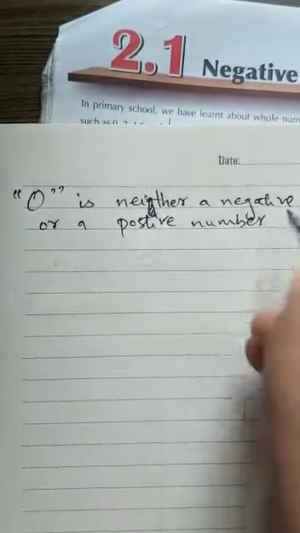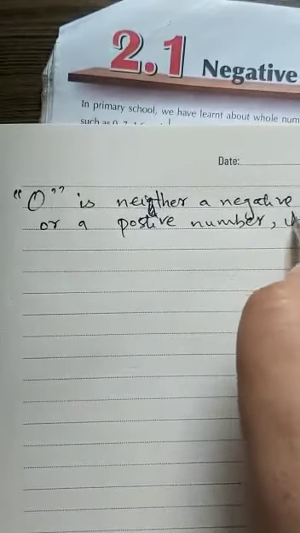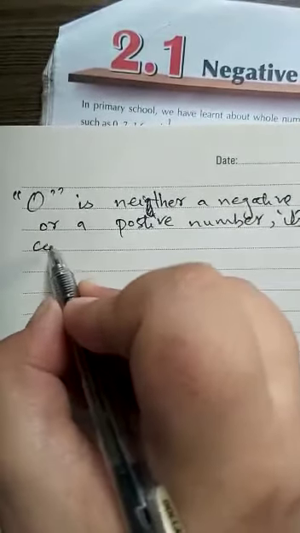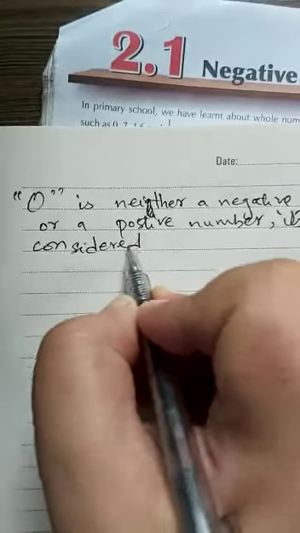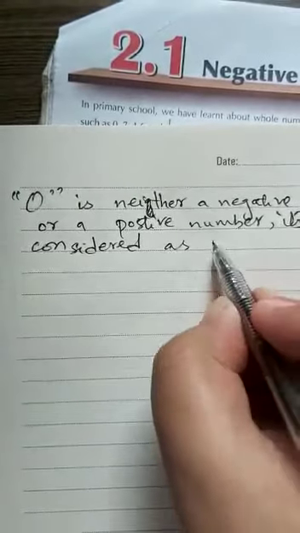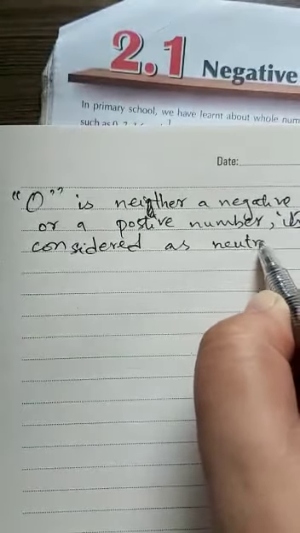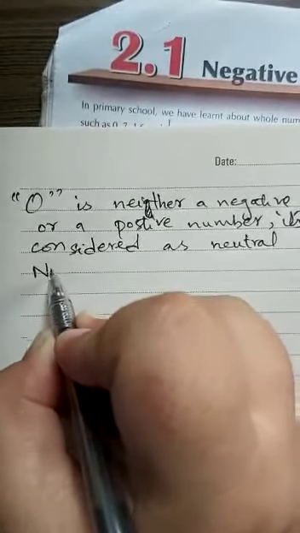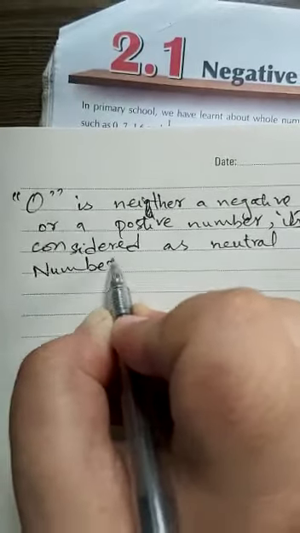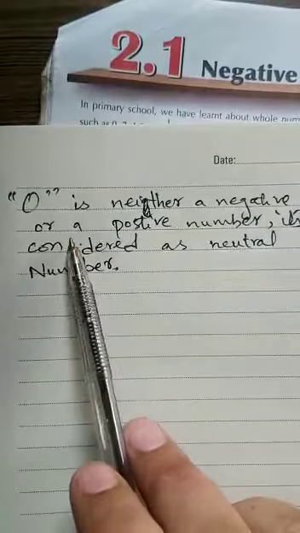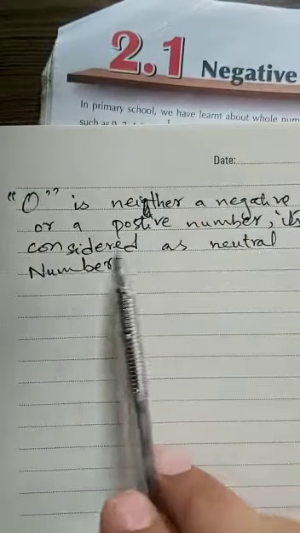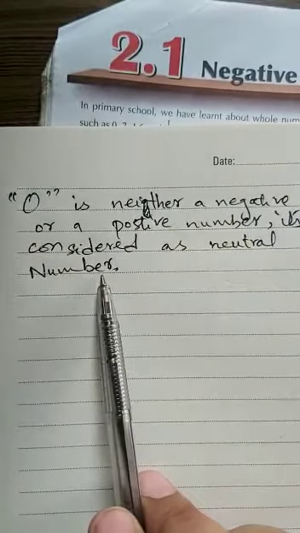It's considered a neutral number. So what about the 0? 0 is neither a negative nor a positive number. It is considered a neutral number.